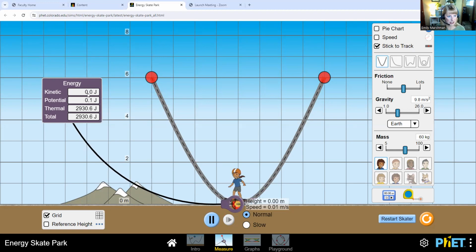Eventually, her kinetic energy drops to 0, her potential energy drops to 0. And what you also see here is thermal energy. What's that from? Well, if you rub your hands together, the friction between your hands is creating thermal energy. So all of the energy that she started with at the top, if there are frictional effects, gets converted into thermal energy. Let's see.